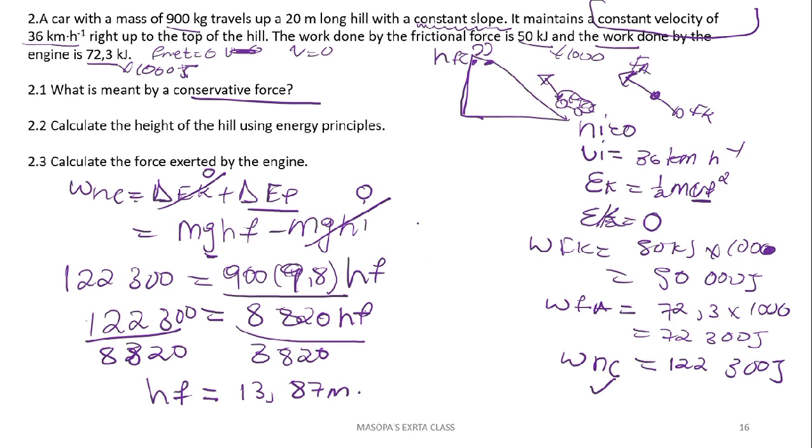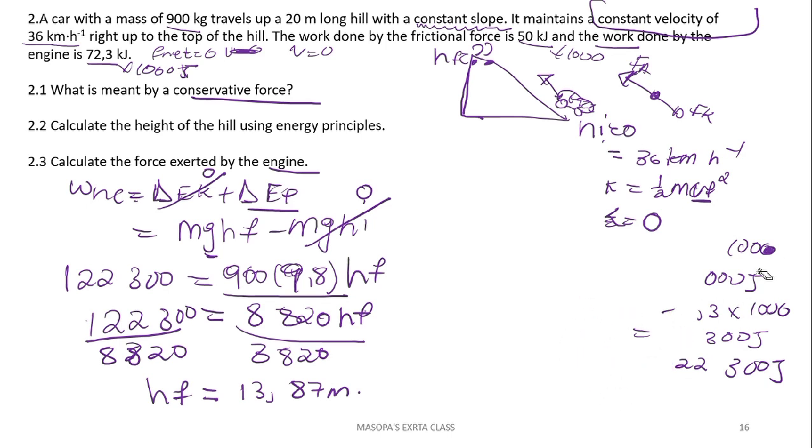Then now let's look at 2.3. They say calculate the force exerted by the engine. How do you calculate the force that is exerted by the engine? Remember, they give us the work done by the applied force, which is the work done by the engine.